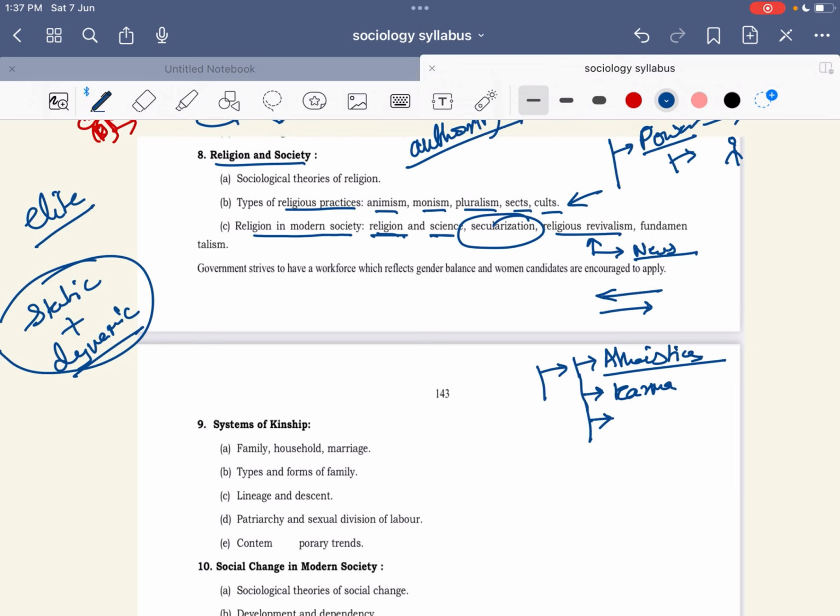Government strives to have a workforce which reflects gender balance, women candidates are encouraged to apply. Okay, so see what I am telling now. In the UPSC official syllabus, see what they have mentioned: government strives to have a workforce which reflects gender balance and women candidates are encouraged to apply.